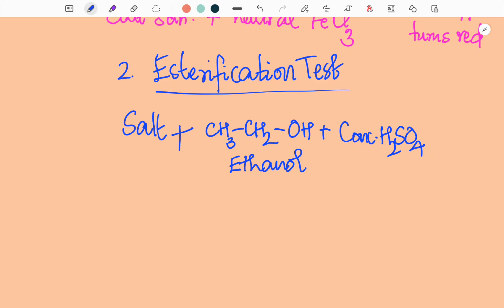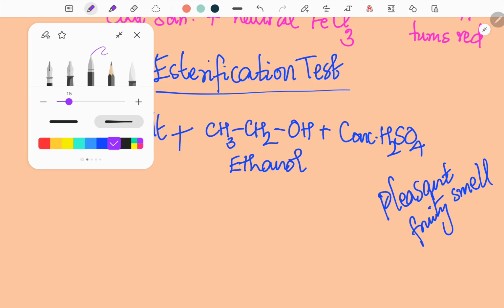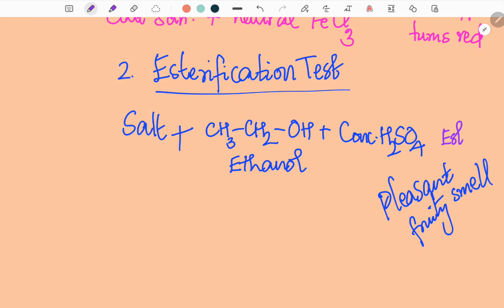Now, when you are placing this test tube on a water bath and once it is heated, you will notice that a pleasant fruity smell will be observed. You will be able to obtain a pleasant fruity smell, and that is because of the ester which is being formed.